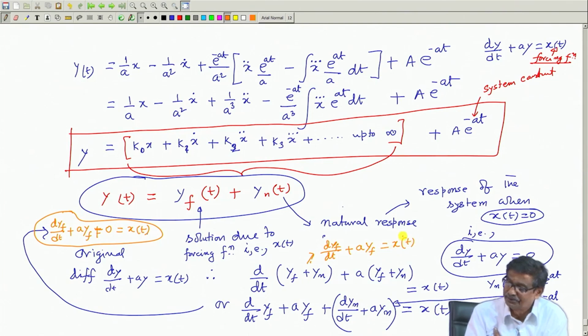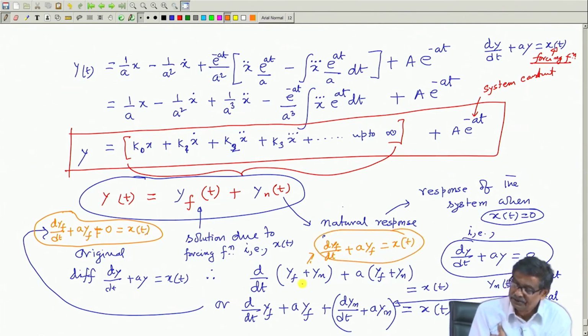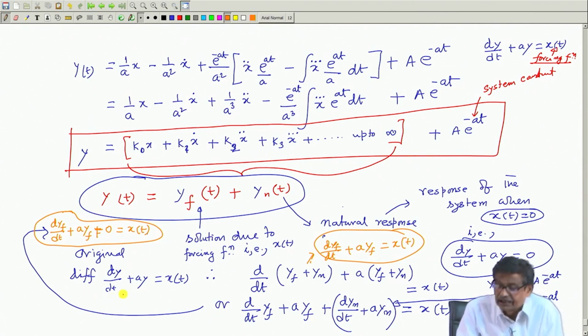This is crucial to understand. d dt of y f plus y n plus a into y f plus y n is equal to x t. So, y f plus y n satisfies the differential equation, and also the solution due to forcing function, y f t alone, will also satisfy the differential equation.